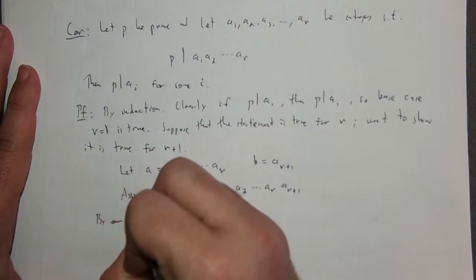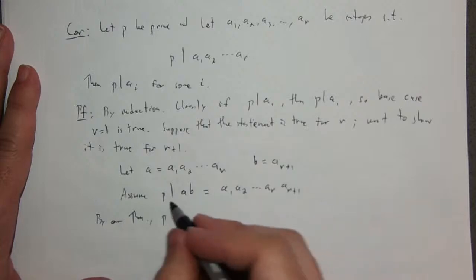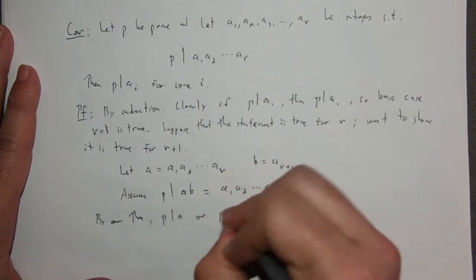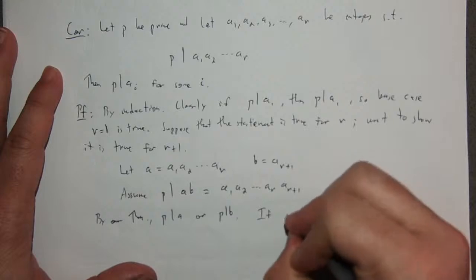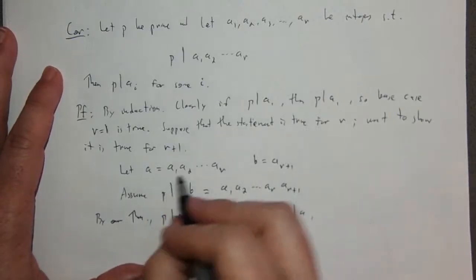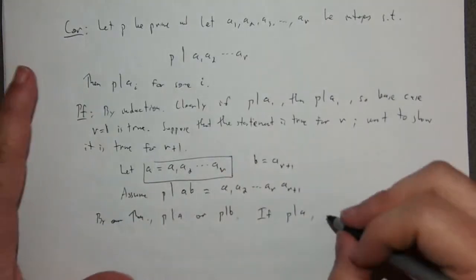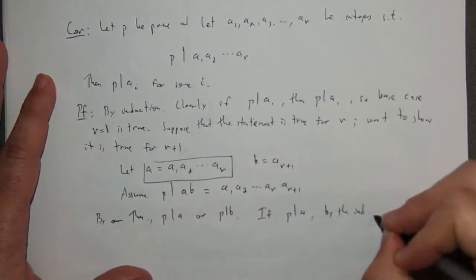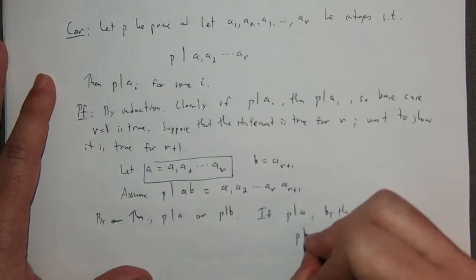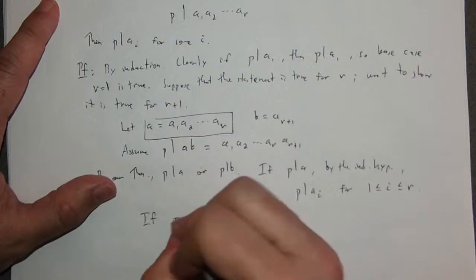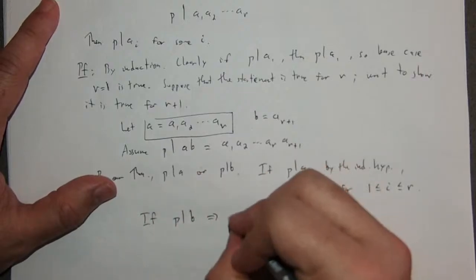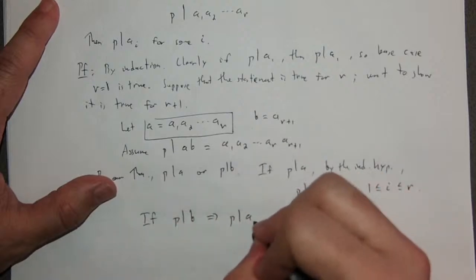By our theorem, P divides one of them: P divides A or P divides B. But if P divides A, since A is this list, by the inductive hypothesis, P divides A sub I for say I between 1 and R. If P divides B, then P divides A sub R plus 1.